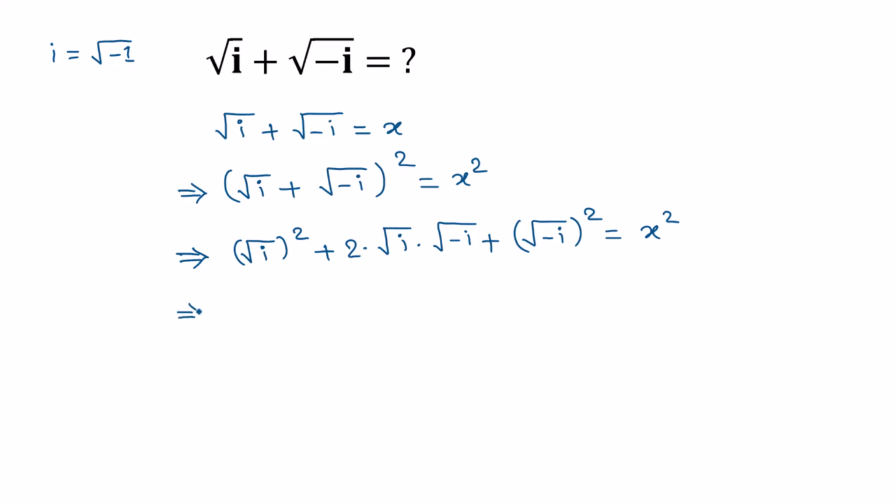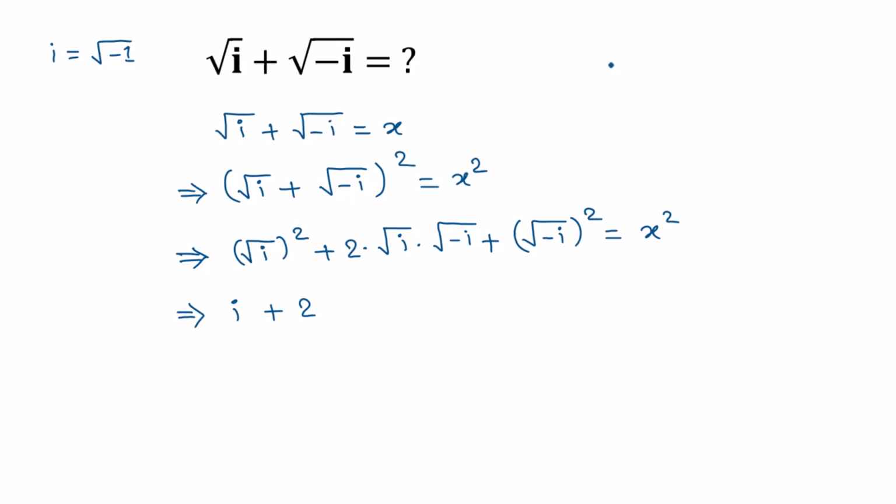The square root and square will cancel and it will remain i plus 2 times square root of i times square root of negative i.